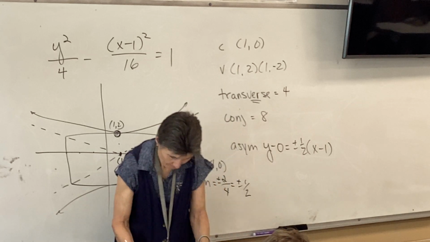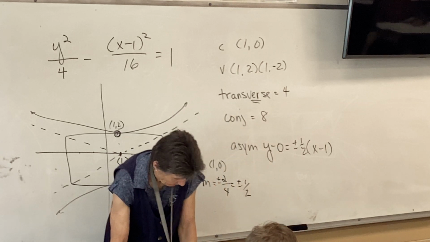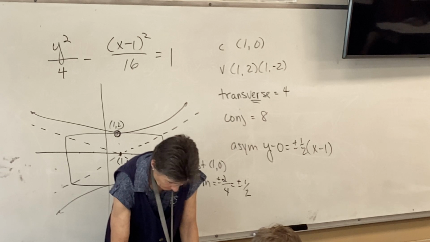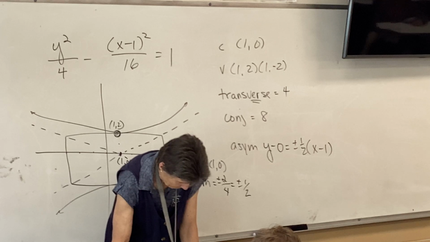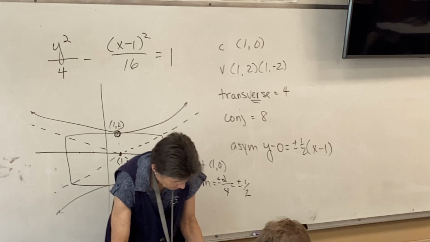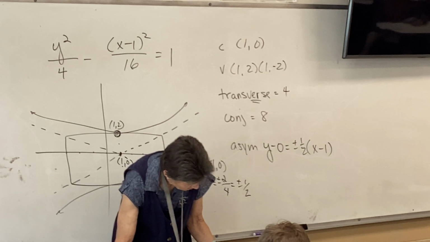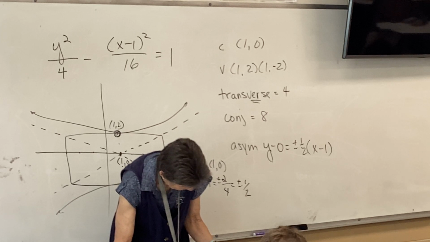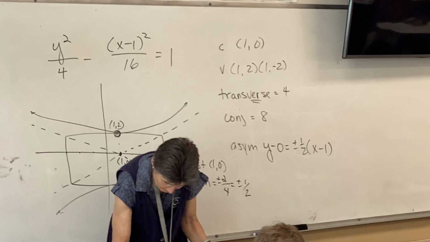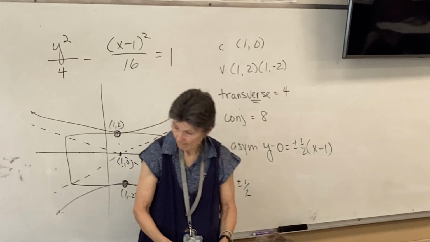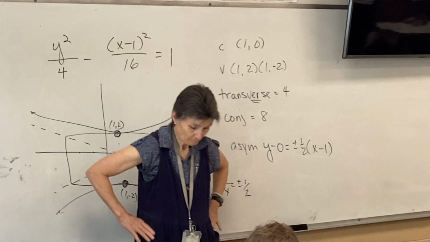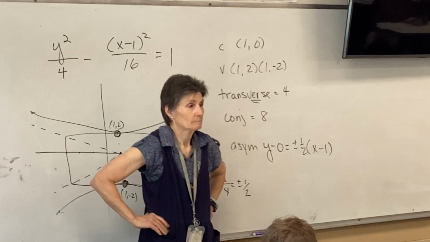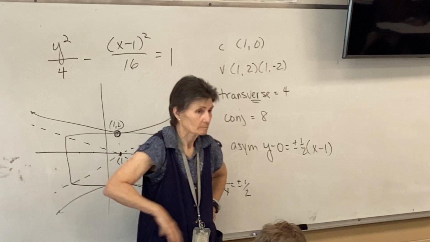Because it's 5 and 4. B and C have to be either 1 or 2. But B cannot be, I think, because it starts at the origin. This is 2. I think it has to be 3 or 1.